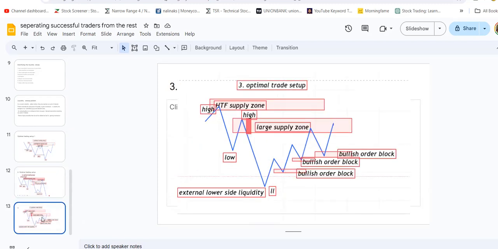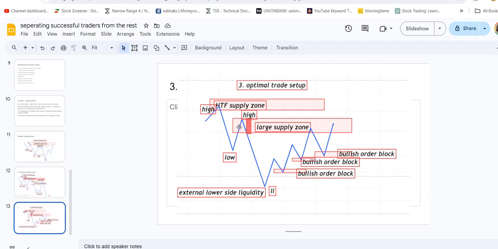The next, third setup is in the higher time frame. So on the daily time frame or the 4-hour time frame, you have to identify the supply zone. The market rallies, makes a high, and it makes a low, breaks below the low, and this is then the higher time frame supply zone.